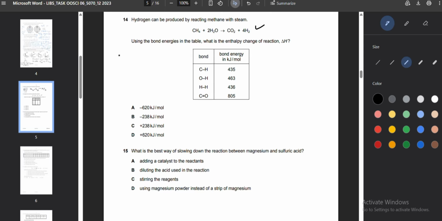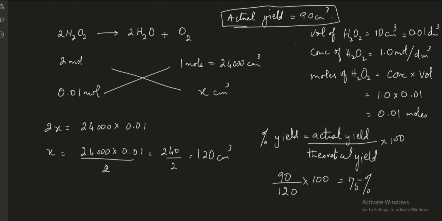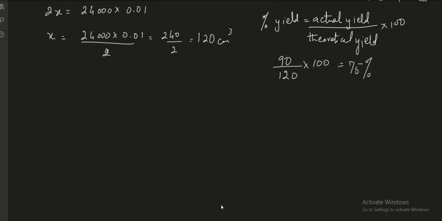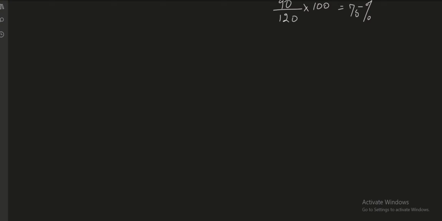So if you just write this reaction and show the bonds, we can write it over here. For the reaction, it is CH4 plus 2H2O giving carbon dioxide and 4H2.